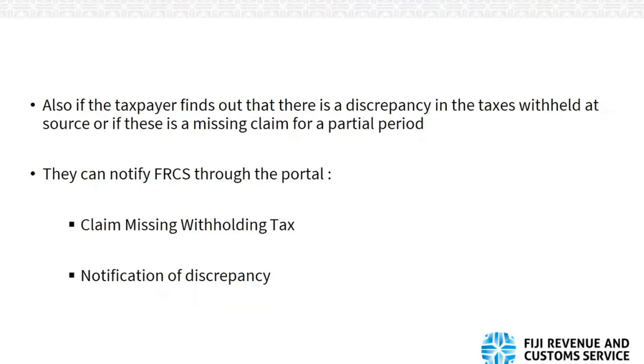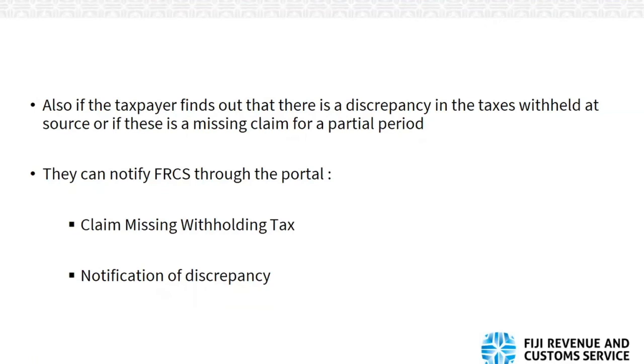Now, just to elaborate, suppose I was an employee and my employer has deducted $100 PAYE from my wages, and now when I'm checking the online statement, I'm seeing only $50.